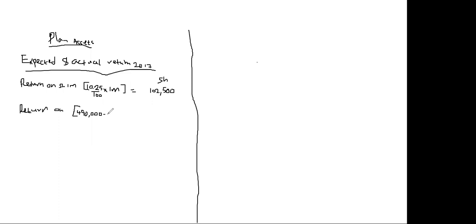So it means that the balance which was there was 300,000 shillings. So the balance was 300,000.